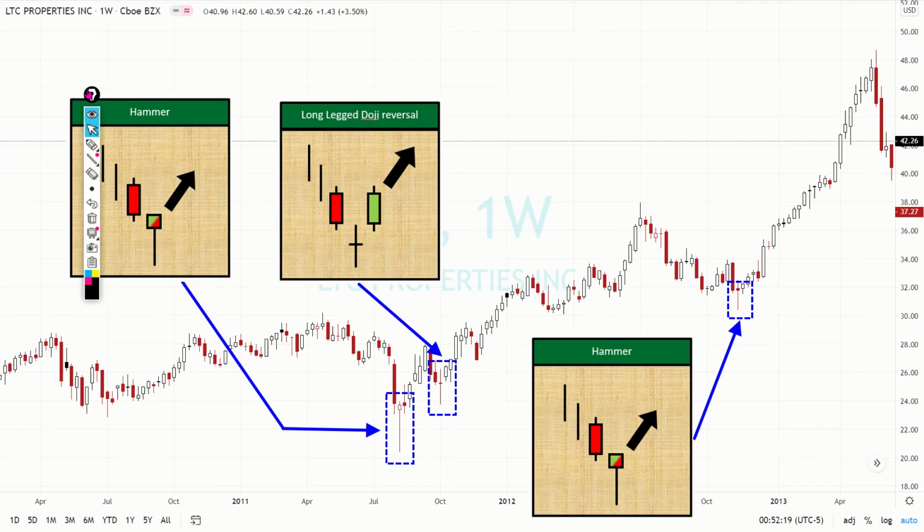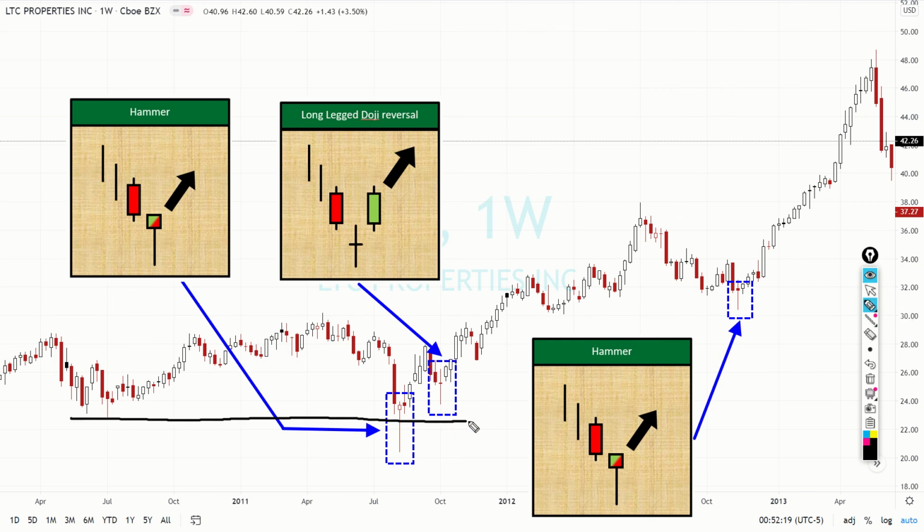Okay, now more on this. Like I said earlier, for these kinds of candles, it really depends on where they appear in the chart. You can see that before it forms this bullish pin bar, there was a bearish candle right here before it gets rejected upwards.